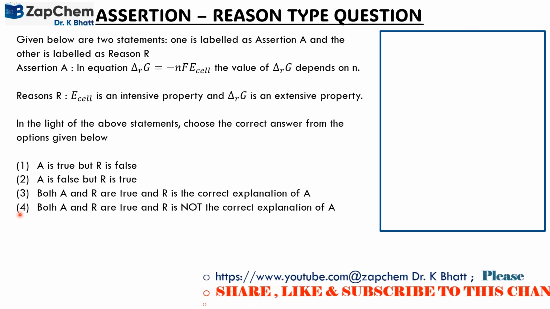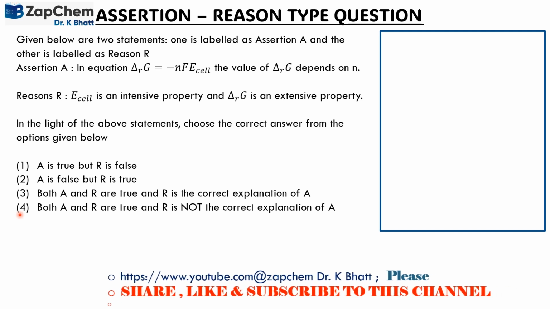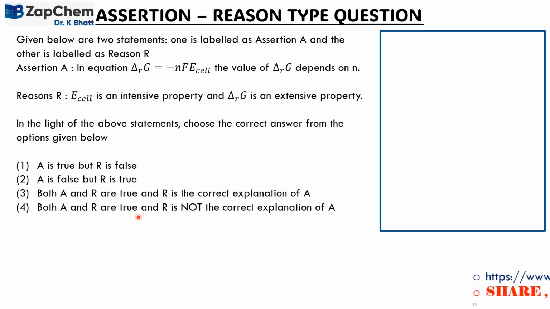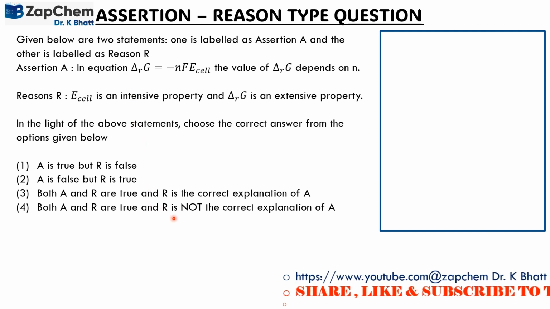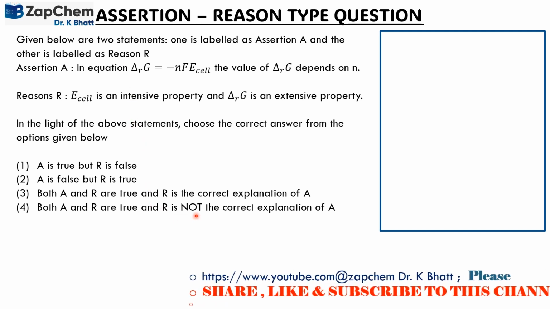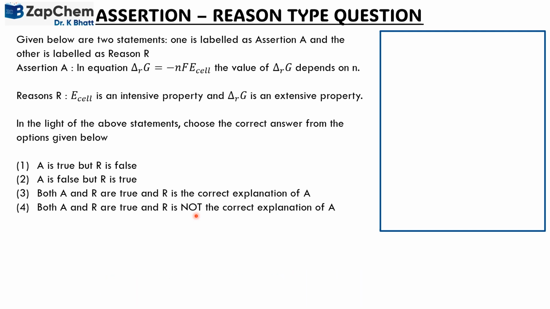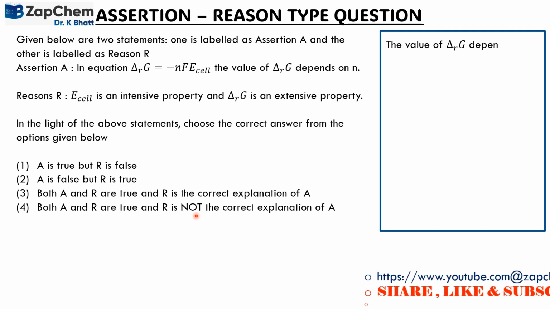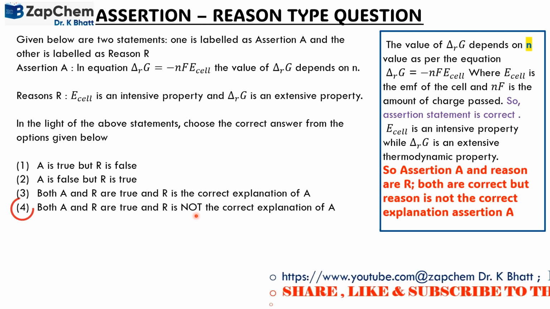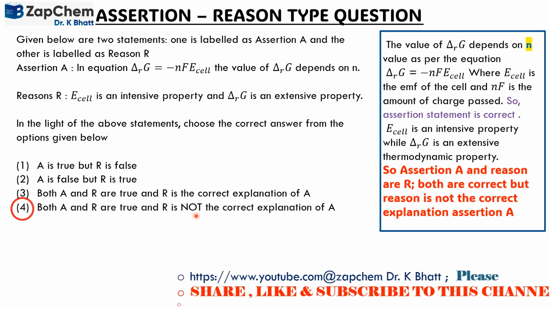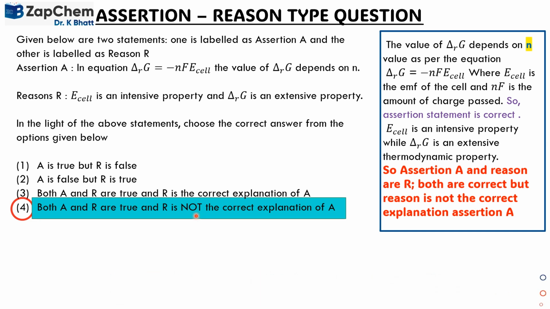Finally, the fourth option: both assertion and reason are correct, A and R are true, that is what we have established, and R is surely not a correct explanation of A. That should be the correct answer. And therefore, our answer is option 4. That is the right answer.